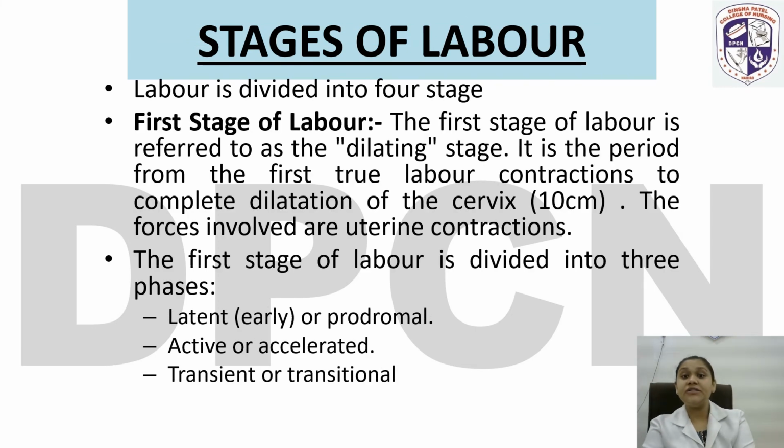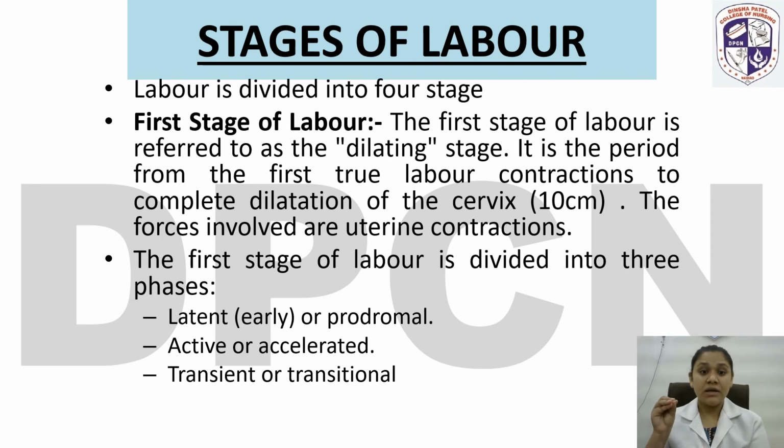Here we can see the stages of labor. So labor is divided into 4 stages: the first stage, second stage, third stage and fourth stage of labor. The first stage of labor is referred to as the dilating stage. It is the period from the first true labor contractions to the complete dilatation of the cervix, that is 10 cm, right?